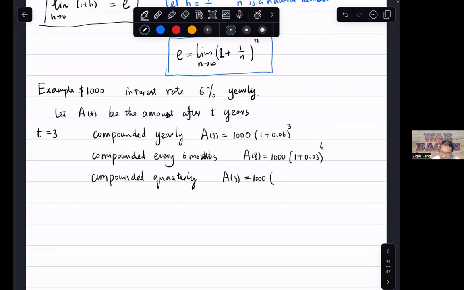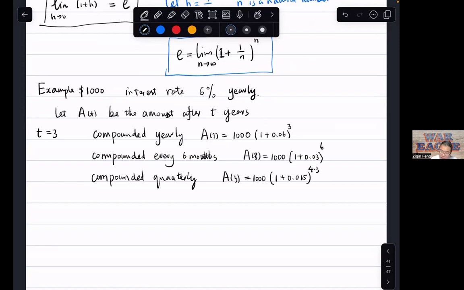In 3 months you get 1 plus 0.06 divided by 4, which is 0.015, and to the power what? Every year you do it 4 times, and you do that for 3 years. So 4 times 3, right? So basically you have different ways to compound the interest.